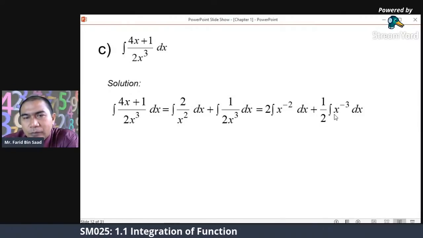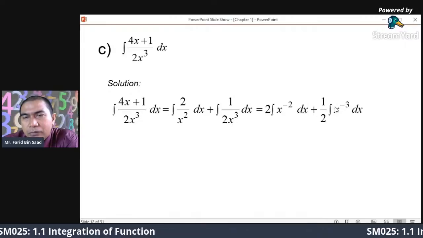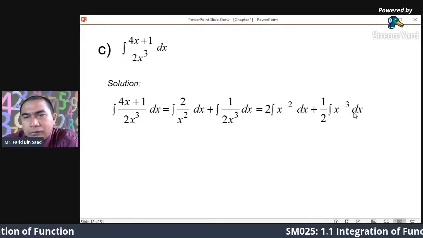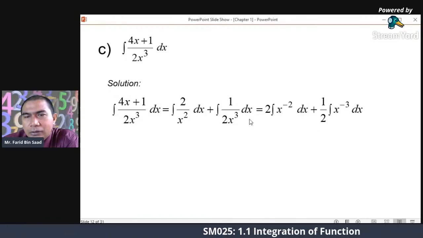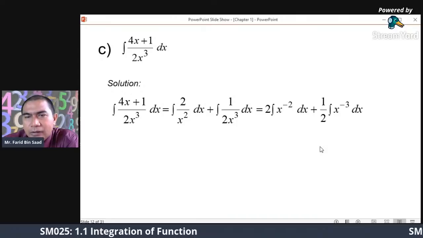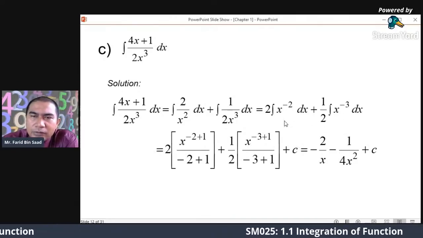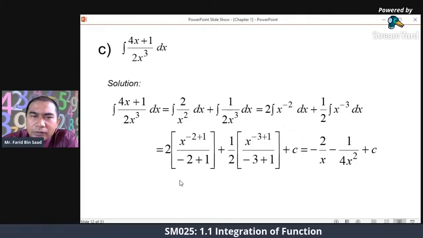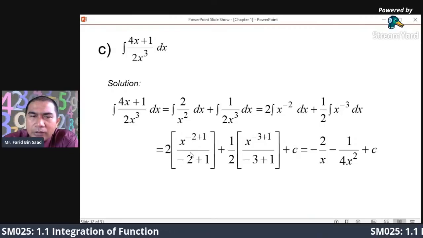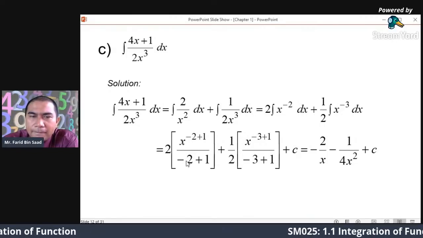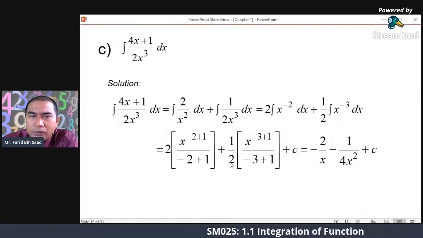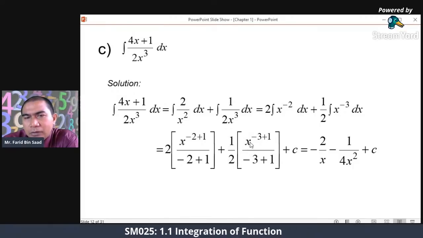And then bring x power of 3 to the top, we get x power of -3 dx. Hopefully you understand how to form this one. And then we use the second basic rule. That is, we get 2 times x power of -2 plus 1 divided by -2 plus 1, plus 1 over 2 times x power of -3 plus 1 divided by -3 plus 1.